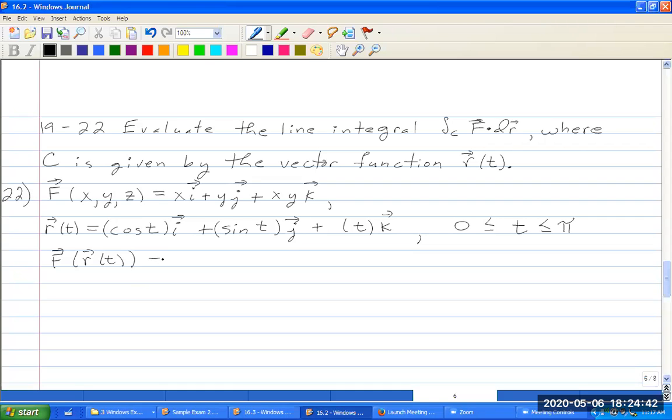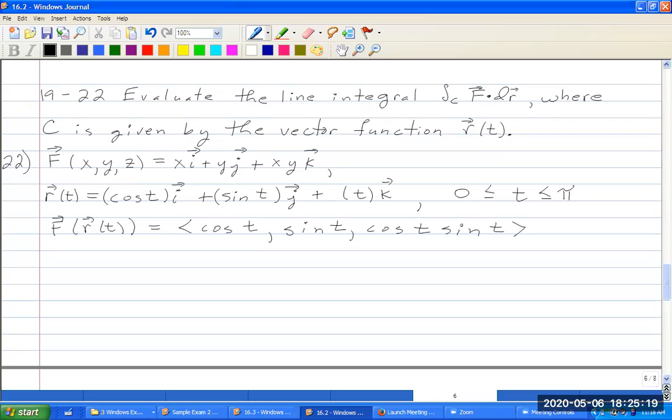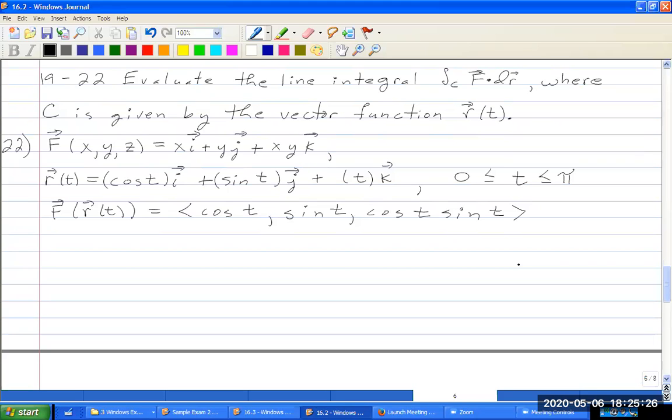And so let me replace x by cosine t, y by sine t. Okay. Next, let's write dr.